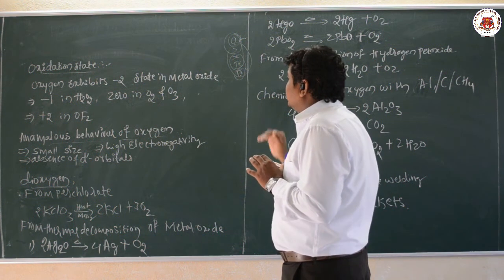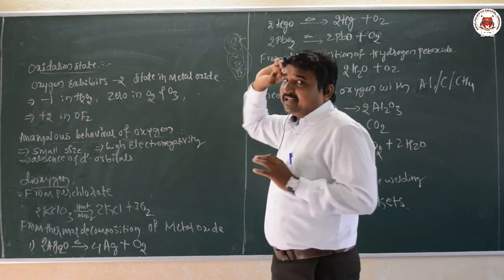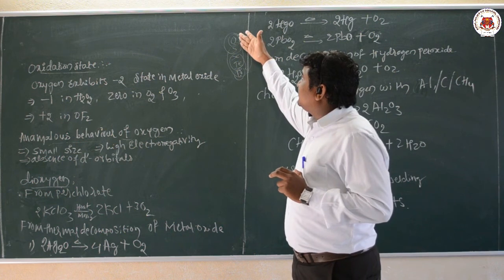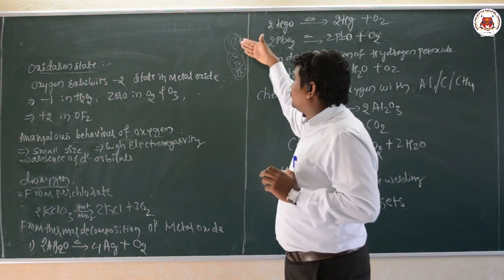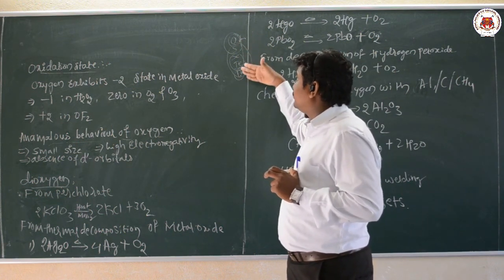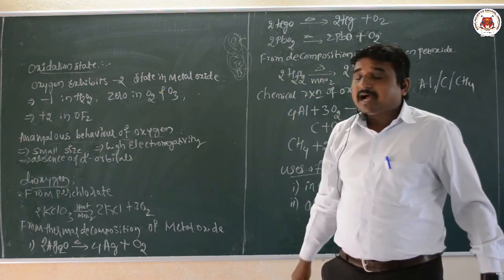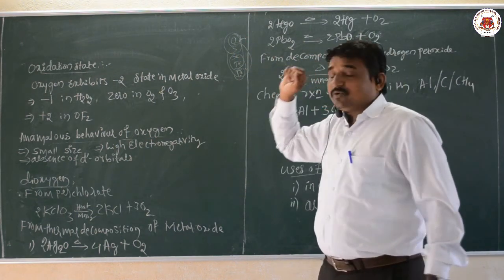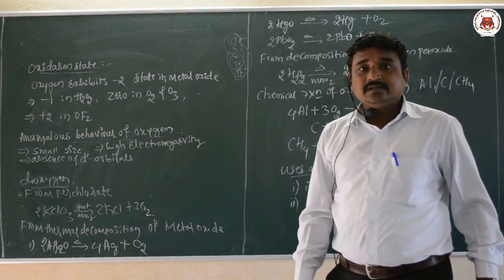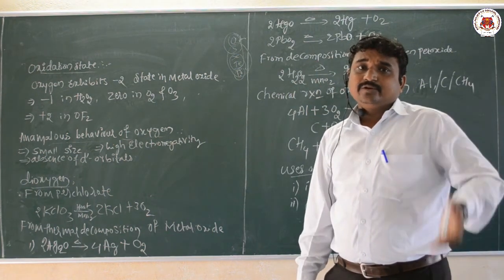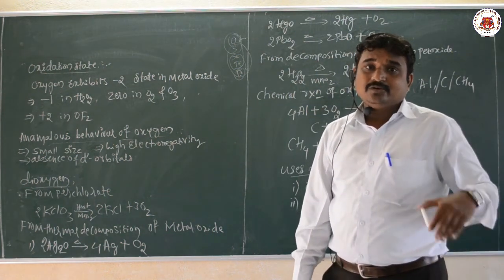The size of the oxygen atom is smaller compared to sulfur, selenium, tellurium and polonium, and it is highly electronegative in nature. You know that as the size of the atom decreases, the electronegativity increases.